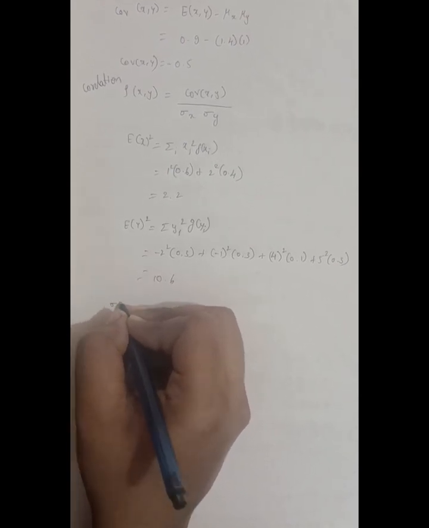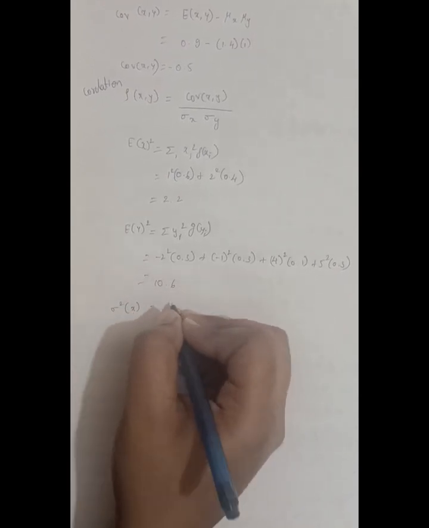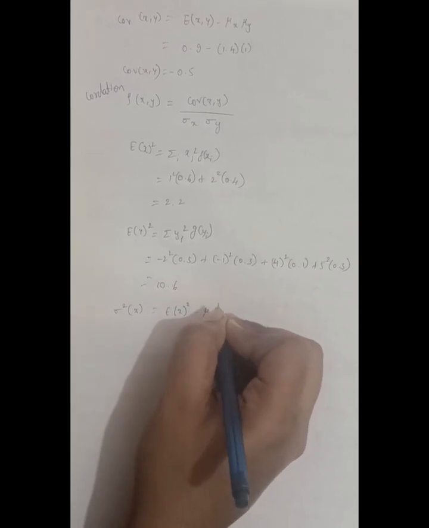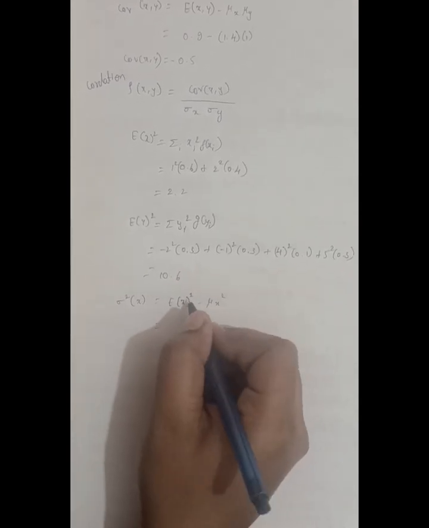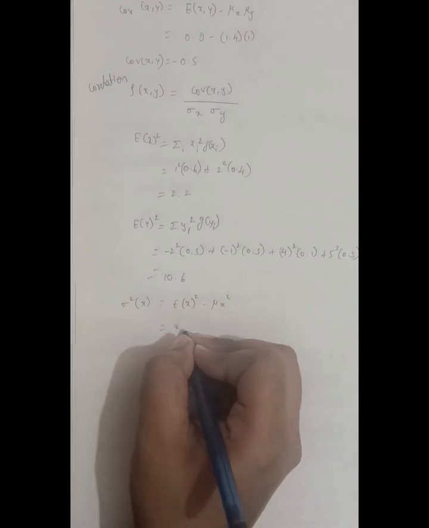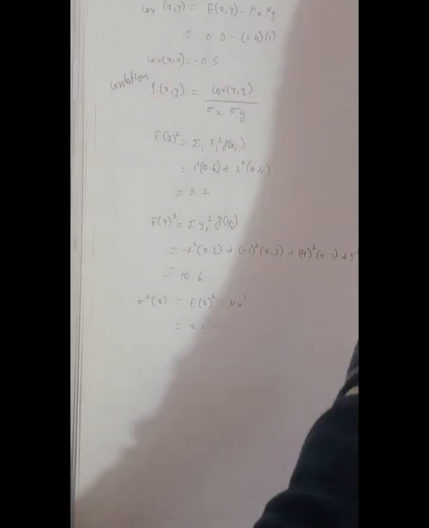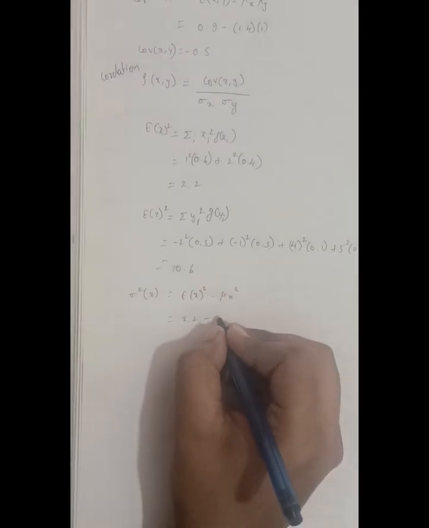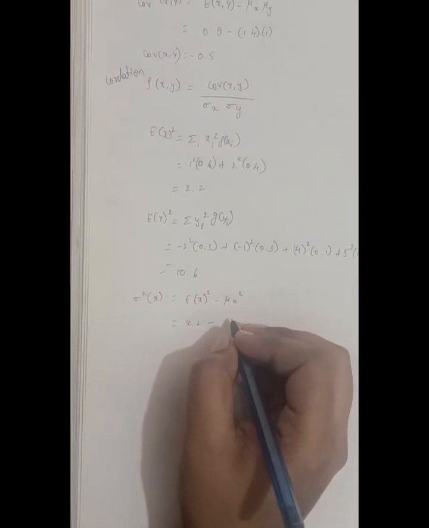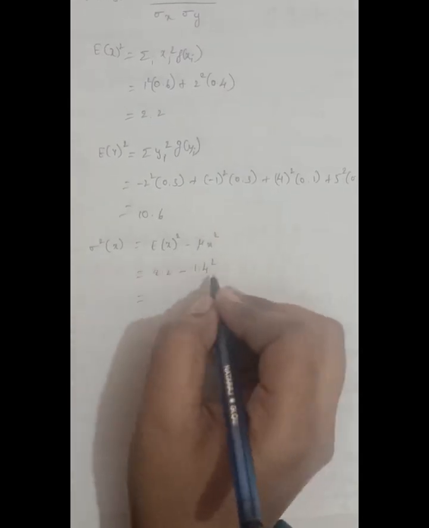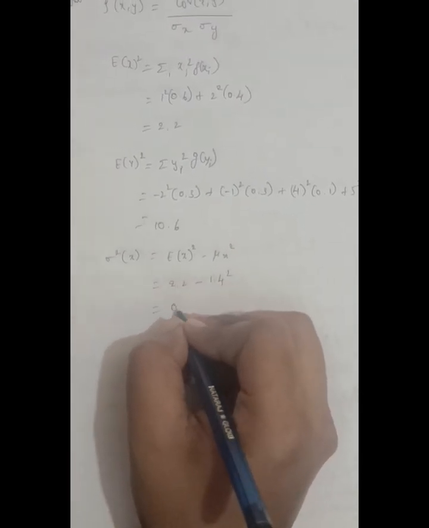Next, sigma square of x is equal to E of x square minus mu x square. E of x square means 2.2, minus mu x square, which is 1.4 whole square, that is 0.4 square. Simplifying, we get 0.24.